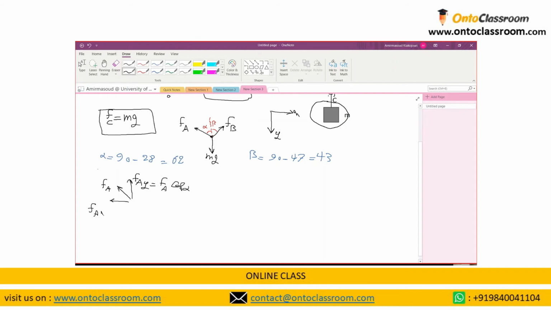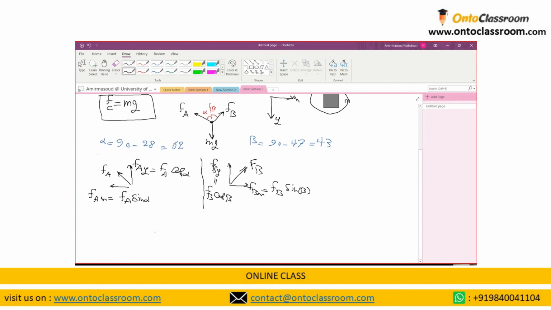This is FA x is equal to FA sine of alpha. And the same situation is for B. FB x is equal to FB sine of beta, and this one is equal to FB cosine of beta.